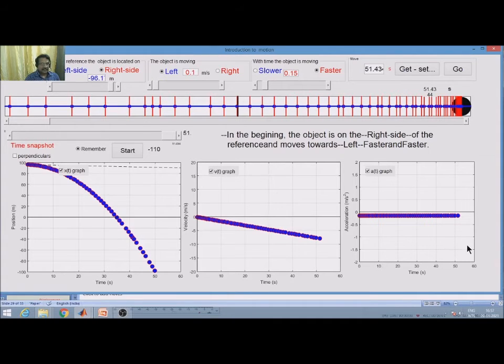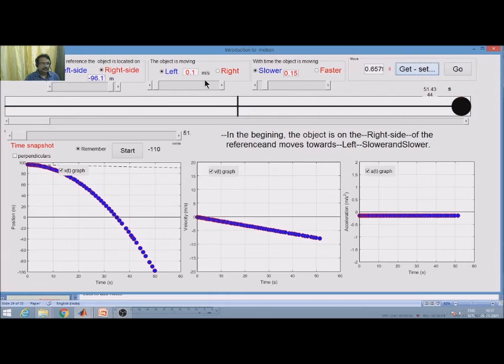Now let's take a case where the object is moving towards the left and it slows down. Let's put the speed as high.